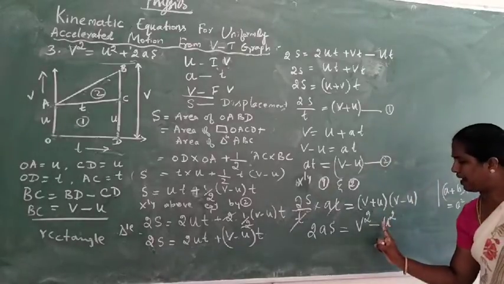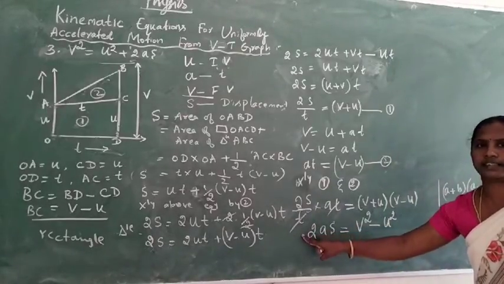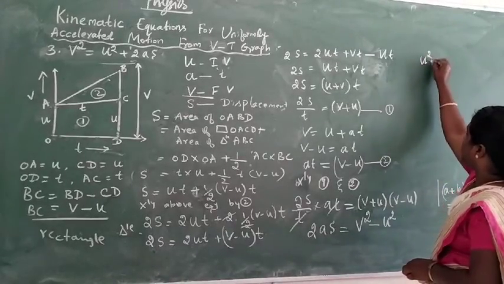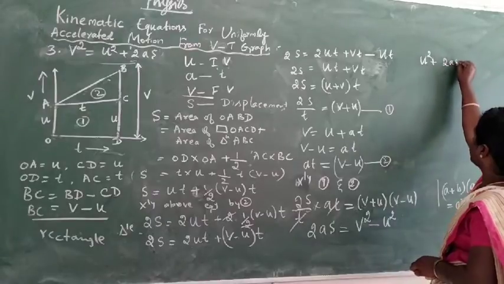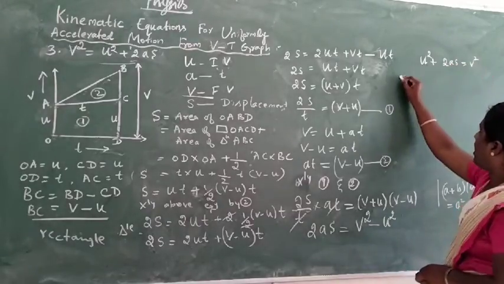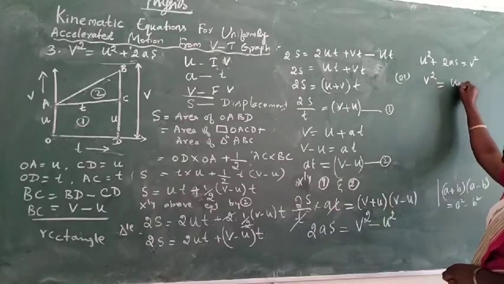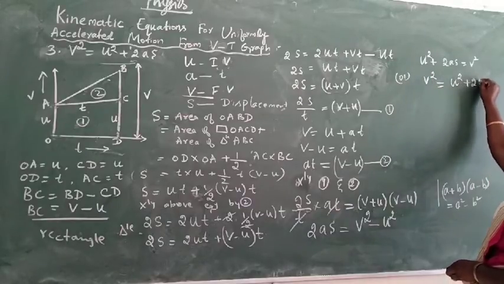What happens? This minus, if we take this side, it takes a positive sign. That means U square plus 2AS equals V square, or V square is equal to U square plus 2AS.